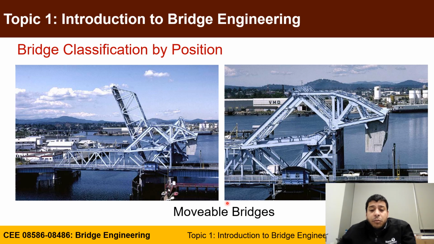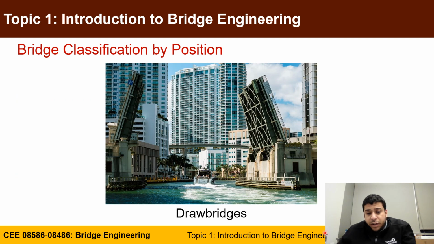You also have movable bridges, which in a water canal are very important to allow the bridge to open for ships, any ship that exceeds the height of the structure. Similarly, drawbridges in this area.